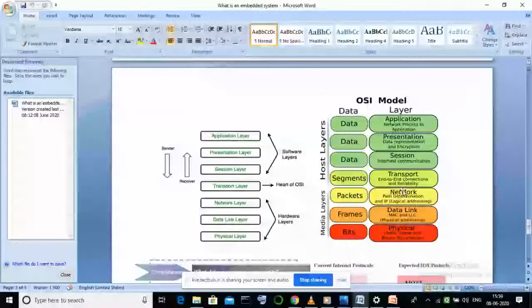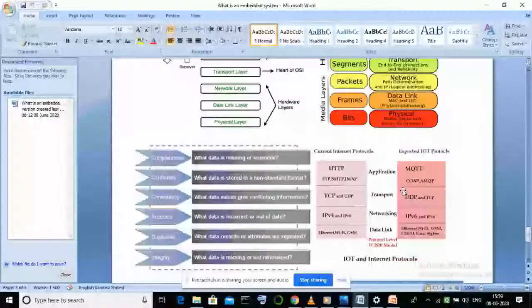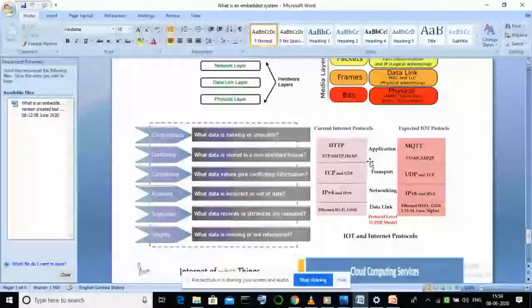This is a basic model on which we have different internet protocols like TCP/IP, how to talk, hypertext. Then there is the internet protocol, the IP address, what we call IPv4, IPv6, MPEG2.